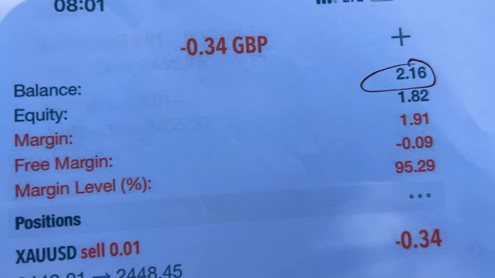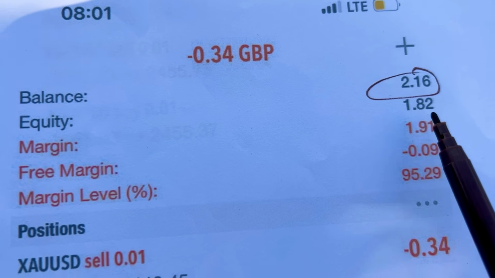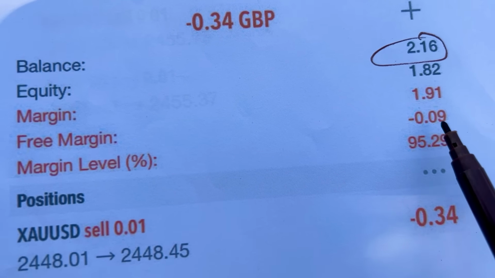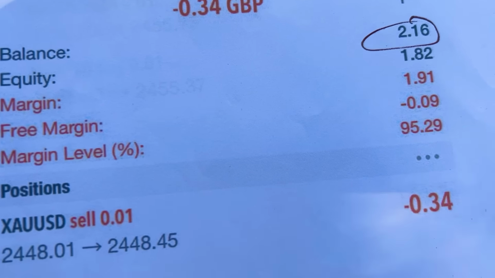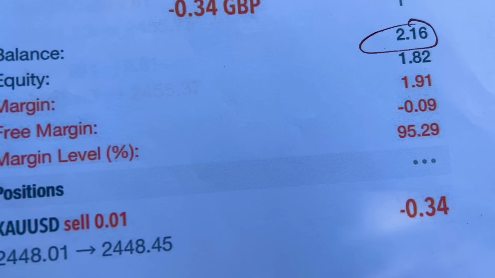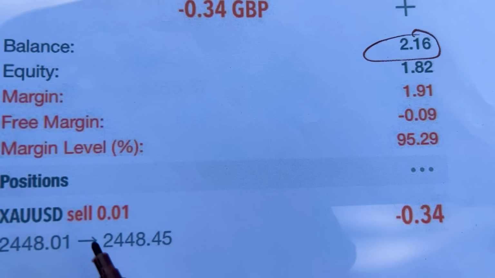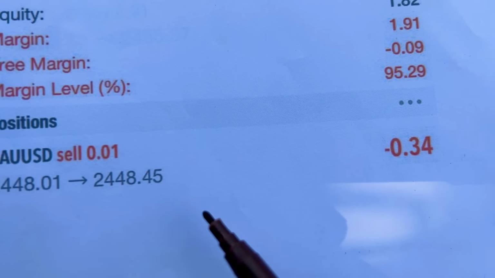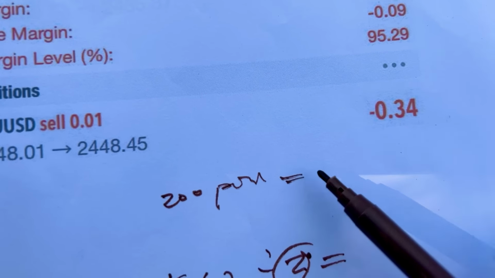As you can see here, we have this $2 pound account, and equity is at 1.92. Free margin is at 0.09. And as you can see, margin level is at 95.29. Once we reach 50% here, the trade will be closed. So basically, for you to understand the numbers, 200 points of gold is equal to $2.